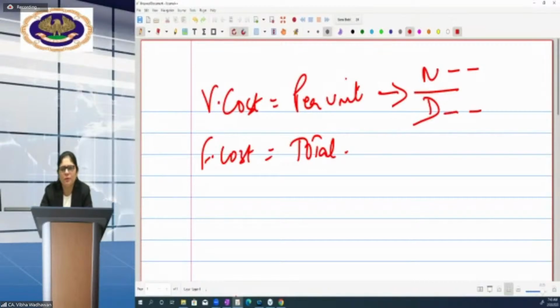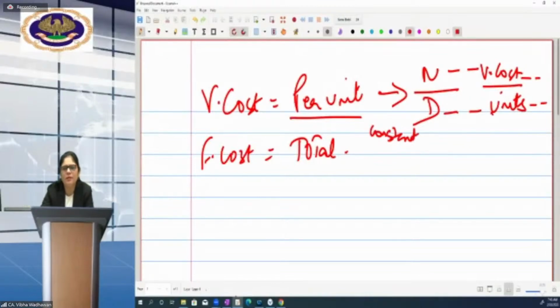Variable cost divided by units: both change, so the per unit remains constant. When the numerator and the denominator change in equal proportion, the per unit remains constant.